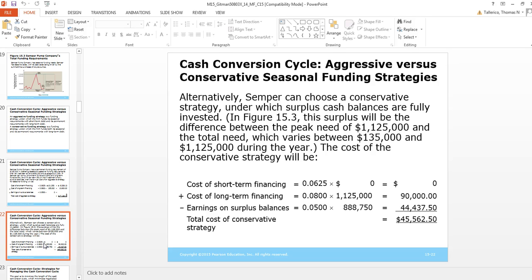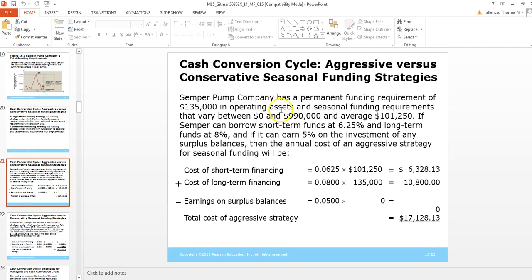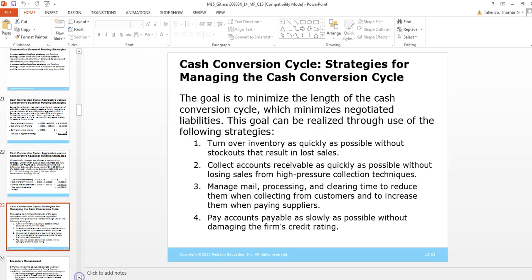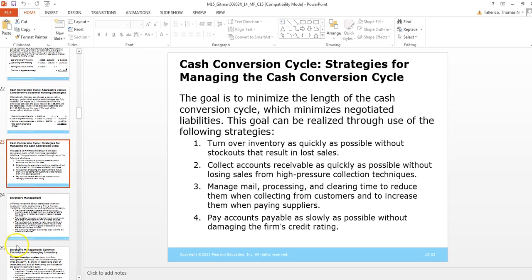You notice this is the conservative strategy, and if I go back up one more time, you'll see this is the aggressive strategy here. Your overall goal, of course, is to minimize the cash conversion cycle. You'd like your money as soon as possible, so you want to minimize the delay in getting your money.